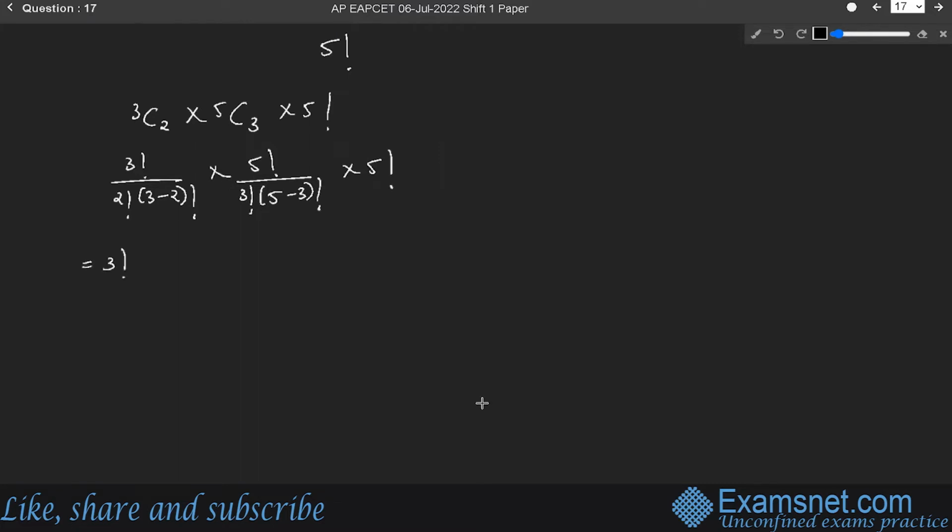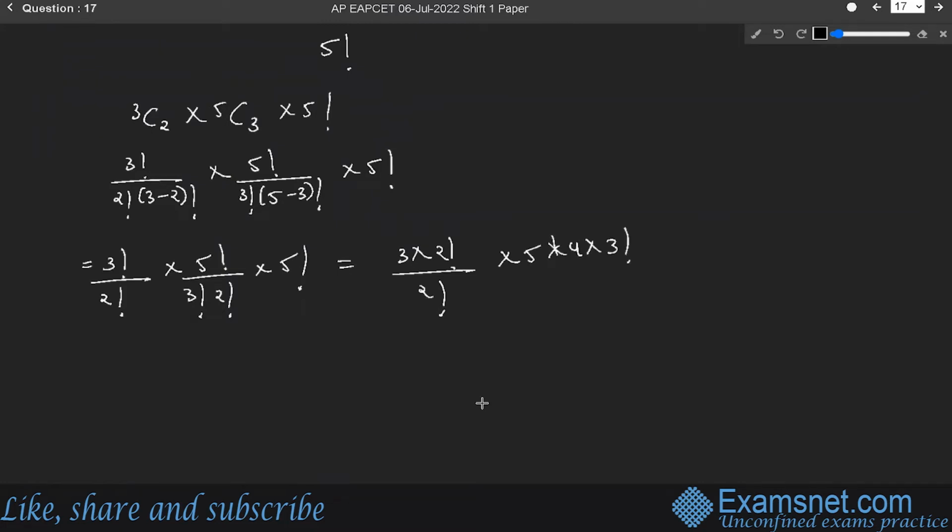So it will be 3 factorial upon 2 factorial into 5 factorial upon 3 factorial into 2 factorial into 5 factorial, which will be 3 into 2 factorial divided by 2 factorial into 5 into 4 into 3 factorial divided by 3 factorial into 2 factorial again into 5 factorial. So 2 factorial and 2 factorial will be cancelled.